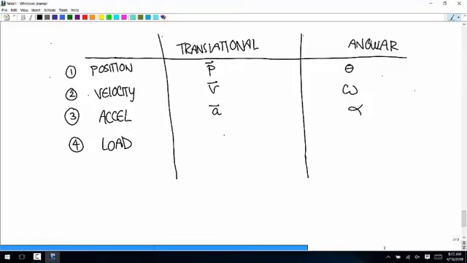For translational, that's a force vector. For angular, that's a moment about a point, and we'll talk about what that is. Sometimes you hear that called a torque.